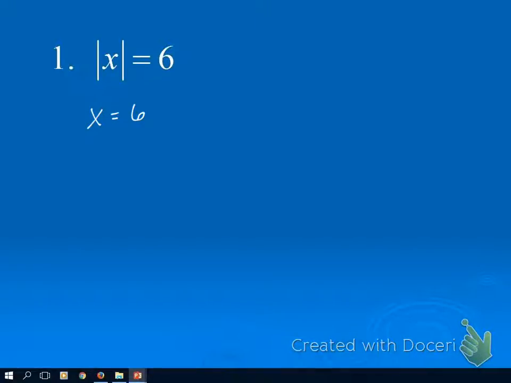Well, so is -6. -6 is 6 units away from 0 on the number line. So think about this as your distance, right? Now, the distance can never be negative, but the numbers that go inside the absolute value bars may be negative. That's okay. So basically what we're doing is finding out the distance. We're taking the absolute value and making sure it's equal to a particular distance.